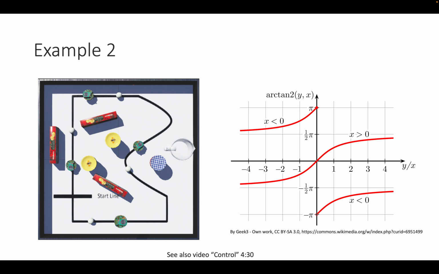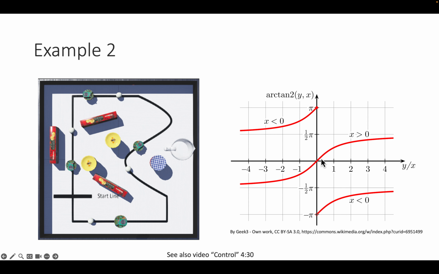In the second example, I put down 4 scenarios. In the first one, the robot is facing at 90 degrees, but the x difference is 0 and the y difference is positive. Let's assume that x is positive, so we can use the normal arcus tangens function.